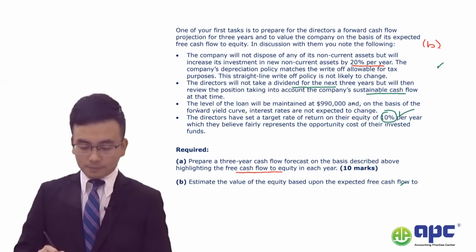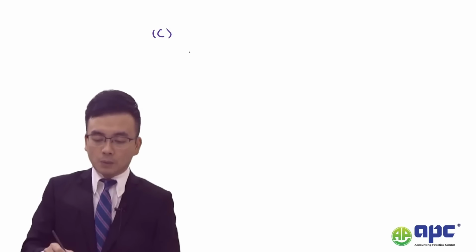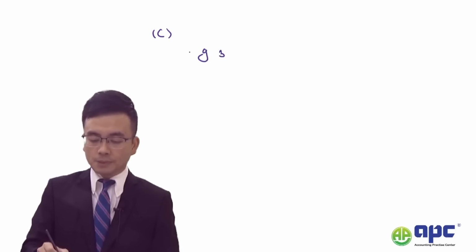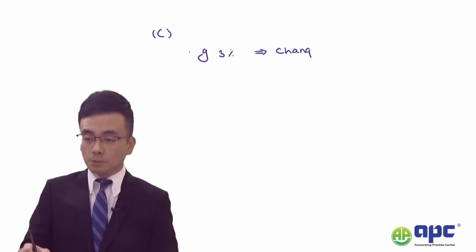Now, don't write in incomplete sentences. You need to write in full sentences. So, for example, I would say that the growth rate is 3%, but may be subject to change. You can give an example on that.